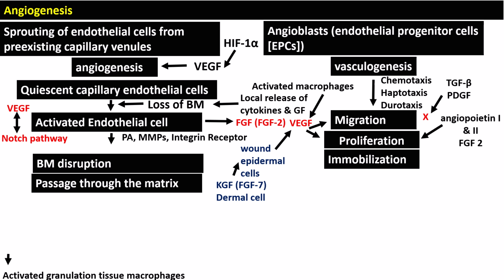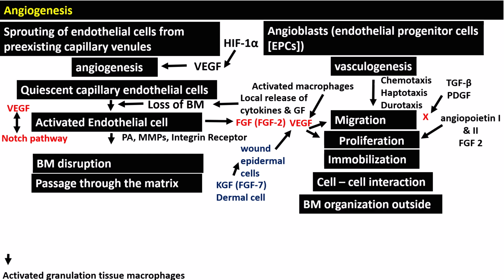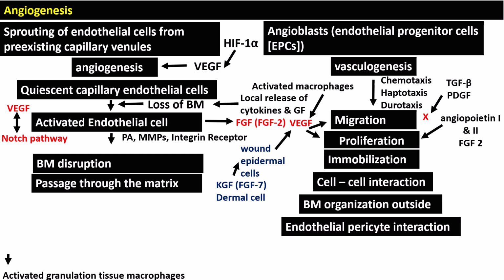They are immobilized over here. There is cell to cell interaction or contact forms, and basement membrane develops around the nascent vessels. The pericyte endothelial interaction and signaling from angiopoietin 1, transforming growth factor beta, and PDGF are essential to stabilize the vessel, reduce leakiness, and promote mature vessels.